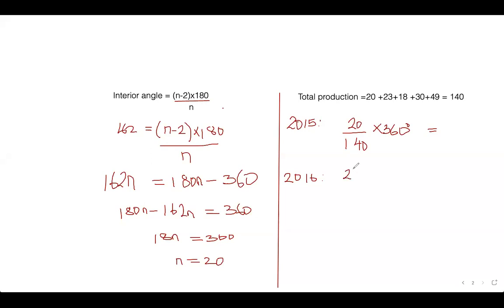Then you'll have 23 divided by 140 times that. Then you get the angle. Then the next was 2017. So you'll have 18 times 360 degrees. Then you get the angle for that year.